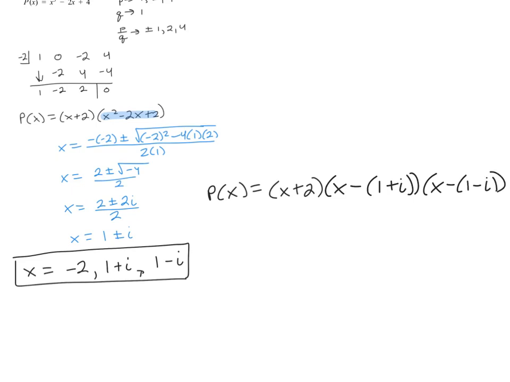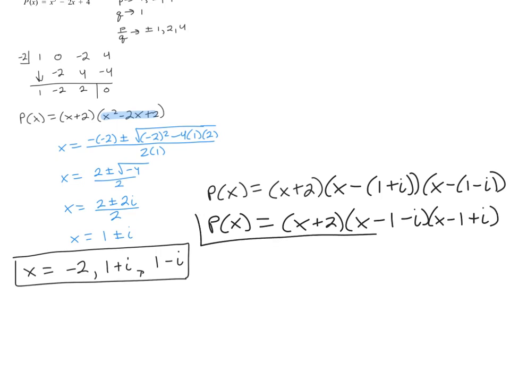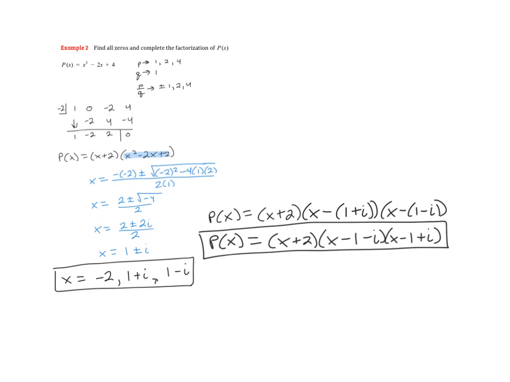Don't forget that we're subtracting this entire zero. Then let's just distribute that out. So I have x plus 2 times x minus 1 minus i times x minus 1 plus i. This is the complete factorization of my polynomial.